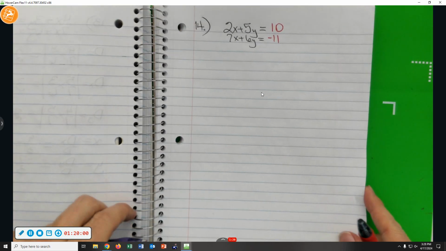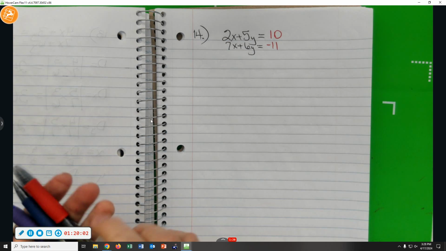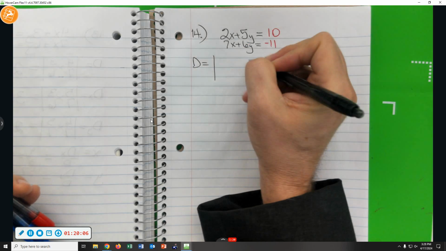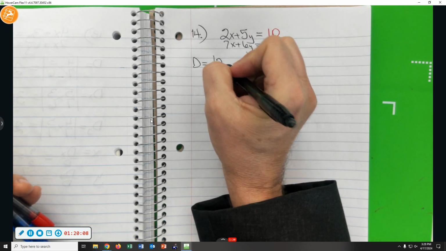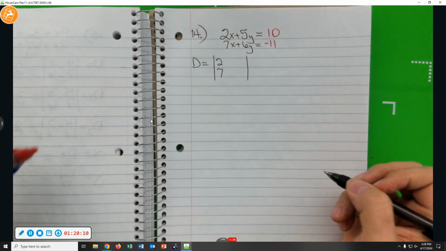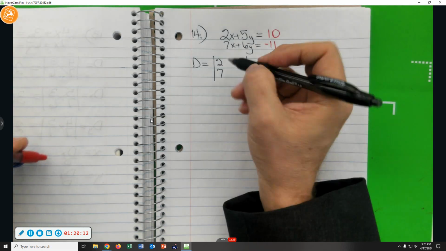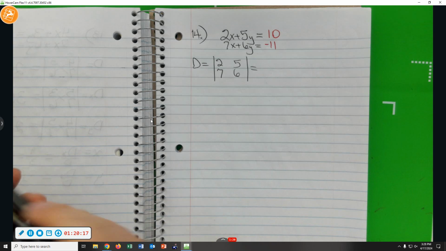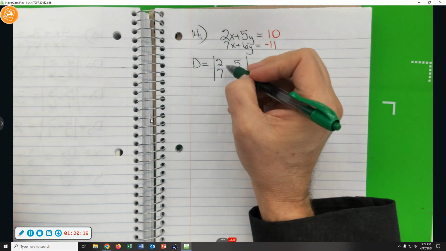Okay, first of all, the determinant D. D is just the coefficient matrix. The X column is 2, 7, and then the Y column is 5, 6. Here we go. Multiply.